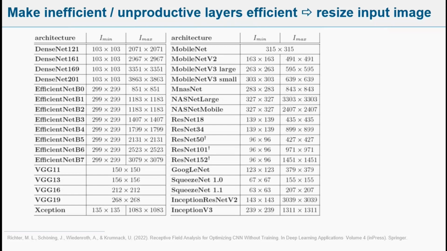If you have a multipath network, for example, like ResNet 101, the smallest image size feasible for the network without unproductive layers is 69 by 69, and the biggest size is 971 by 971.